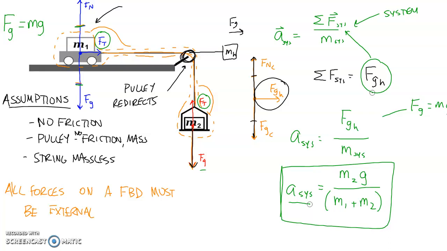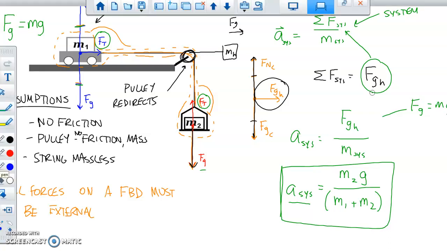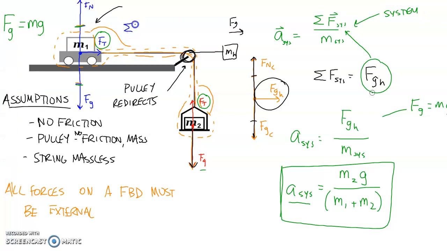Let's look at the blue one, M1. The net force for the blue one is equal to just the tension, right? Because the gravity and the normal cancel out, and all you're left with is tension. So if I want to know what tension is, all I need to do is find the net force on just M1, not the whole system. So the net force on M1 is M1 times the acceleration, which is equal to F_T.